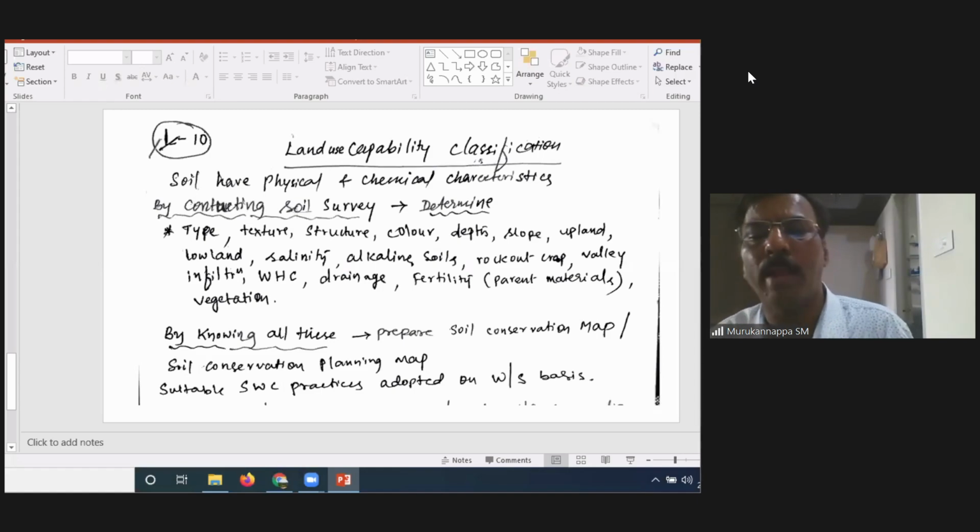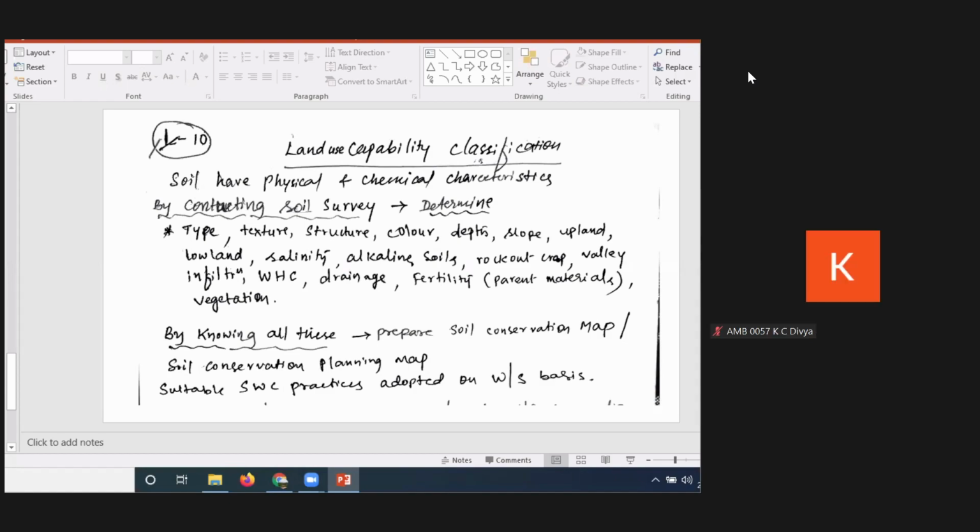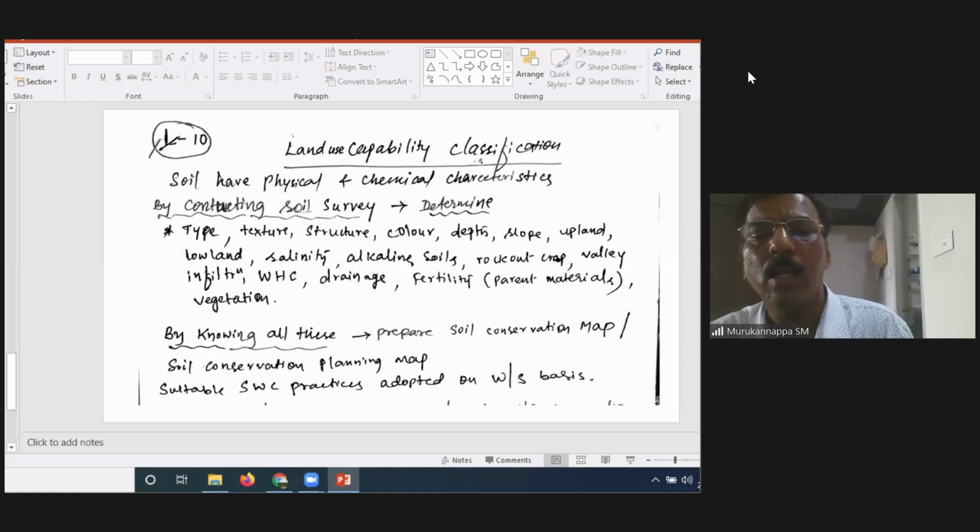According to this map, you can go for soil and water conservation measures in that area. This type of categorization of the land based on its capability, we can say, is land use capability classification. Is it clear, all of you?